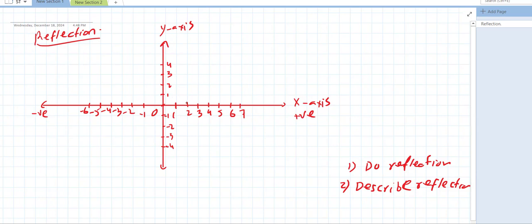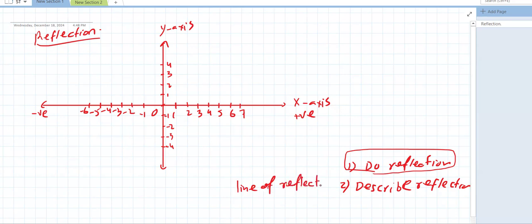Now, when you do the reflection, what will be given to you? Keep that in mind. Whenever you have to do a reflection, a shape will be given, and you will be asked to reflect it. You will be given the line of reflection, and you have to perform the reflection. When you have to describe the reflection, it will be given.